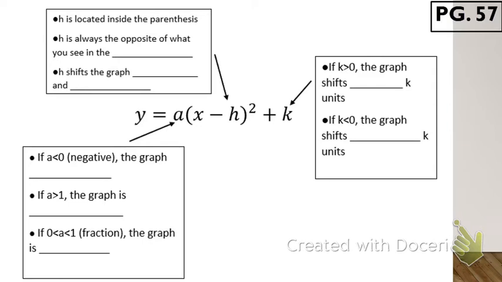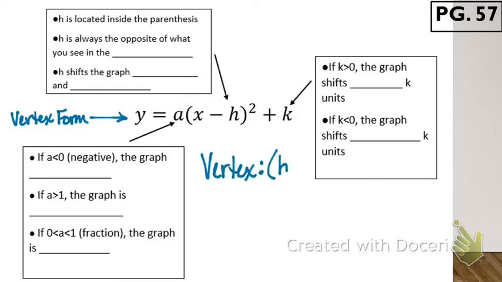So there's three pieces. If you notice, this equation right here is written in vertex form. It's got the parentheses, and the parentheses are squared. This is vertex form. And the vertex would be located at the ordered pair H, K. I'm going to talk about those two pieces first, and then we'll talk about that A value out in front.